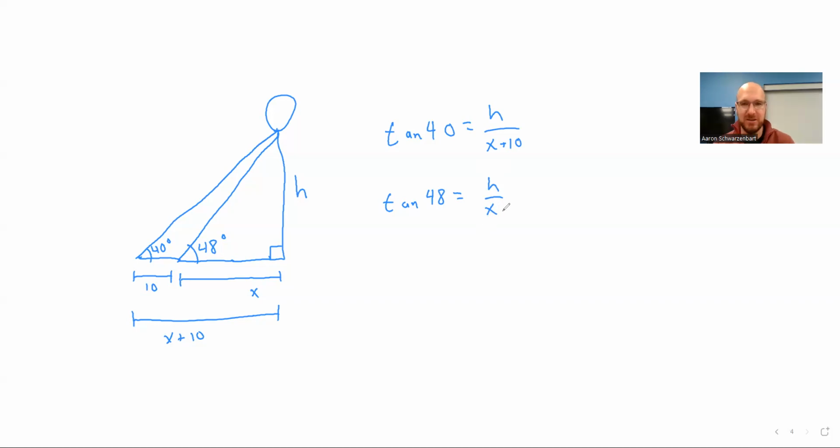I've got two equations and two variables. So I'm going to set them both equal to h by multiplying both of them by the denominator. The first one, x tangent 48. And once they're equal to h, I can set them equal to each other. X plus 10 tangent 40.